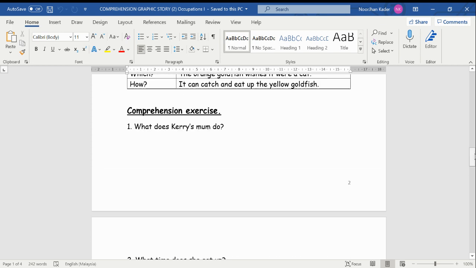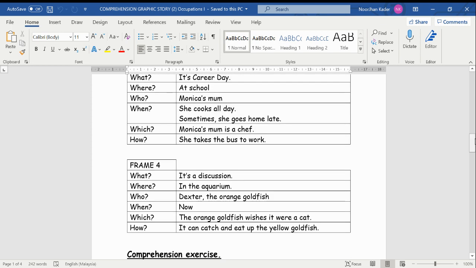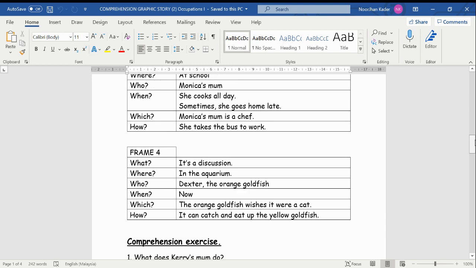Okay, let's look at frame 4, the important details. What is happening in frame 4? There's a discussion going on in the aquarium. Where? In the aquarium. Why in the aquarium? Because there are two fish, the yellow goldfish and the orange goldfish.